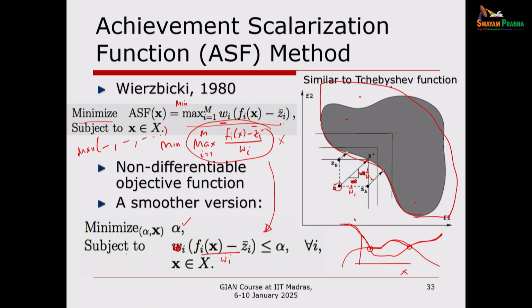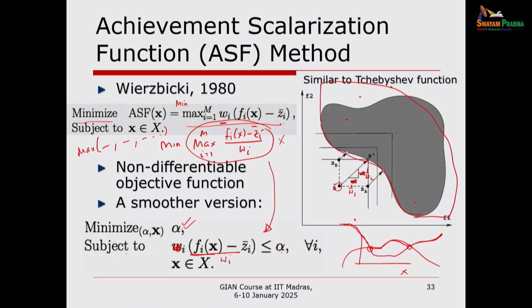Since each one of them is smaller than alpha and you are minimizing alpha, your alpha will be set as the maximum of all of these, because if alpha is equal to the max of all of these, that's going to satisfy all your constraints. So it's an indirect way, by introducing a new variable, to make your problem smooth. Now alpha is differentiable, it's just the last variable. It's actually linear.